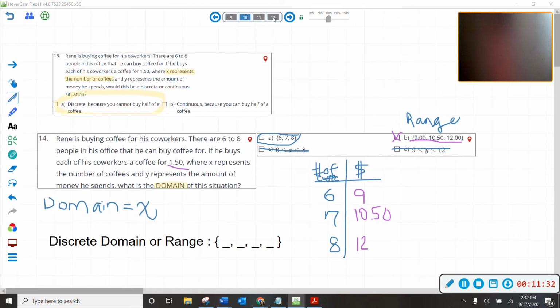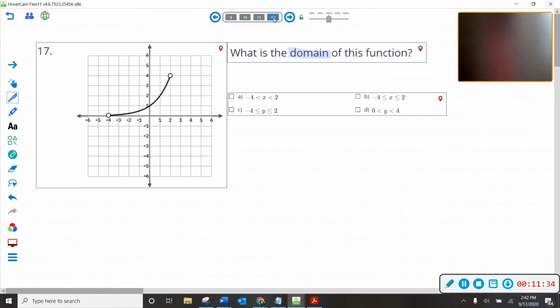So let's take a look back over here. If I'm looking for x values, I don't need y. This one was pretty nice because it's already telling you that this graph is connected.